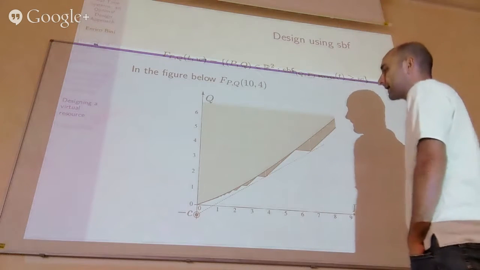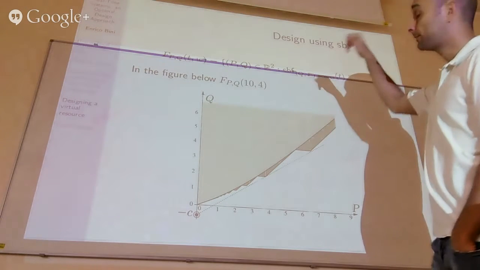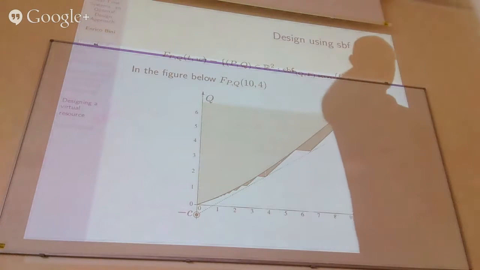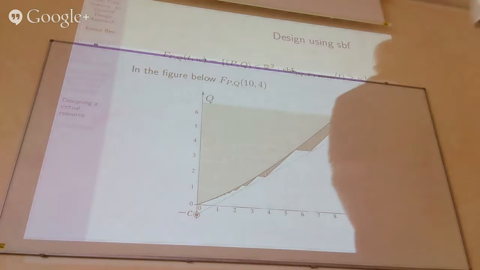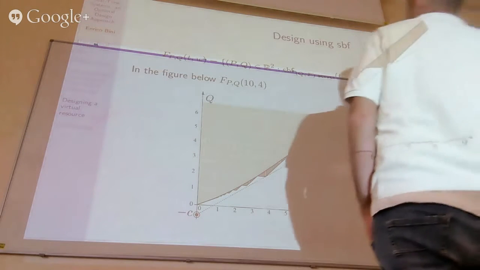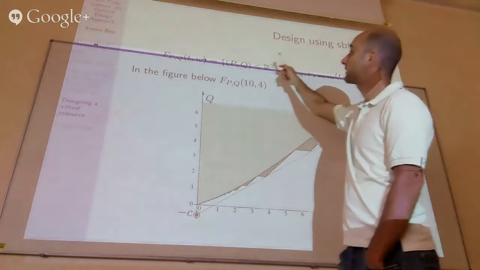Okay, something that I wanted to add: before, we showed the design using the linear lower bound function in that convex expression, right? If we want to design based on the exact function, the exact SBF, we can do something similar.